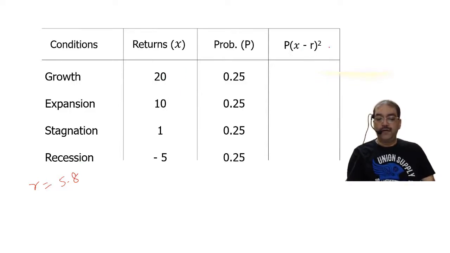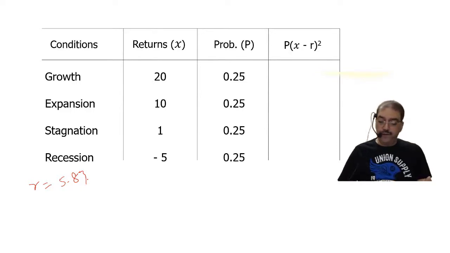X minus R the whole square, each square into 0.25. Let us see, 20 minus 5.87 the whole square multiplied by 0.25 is 45.56.